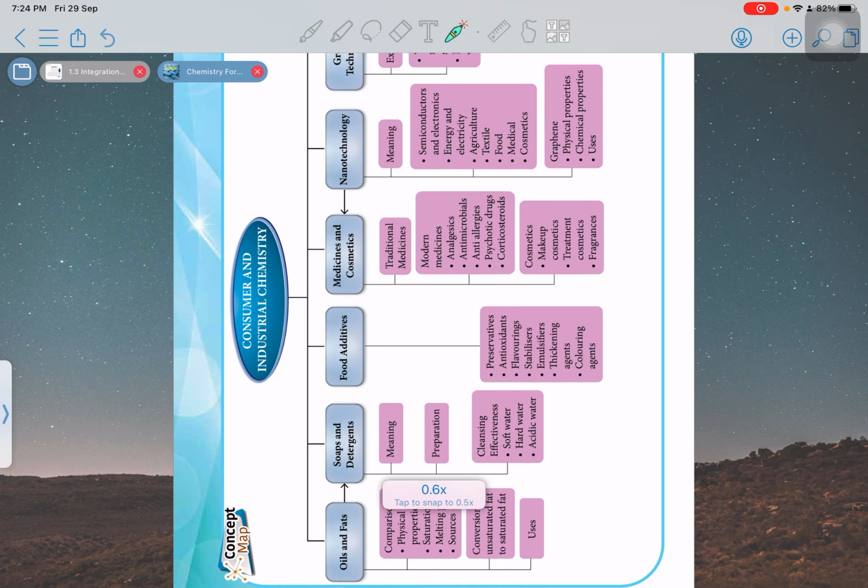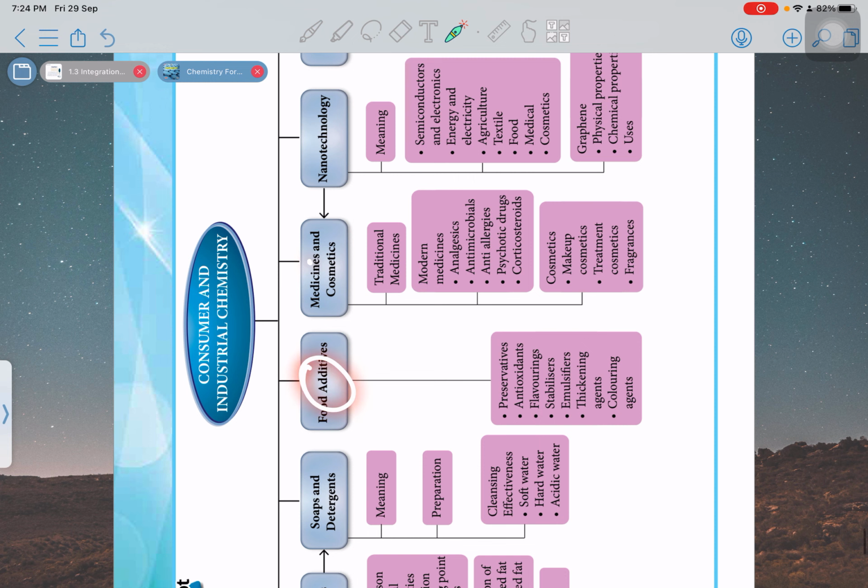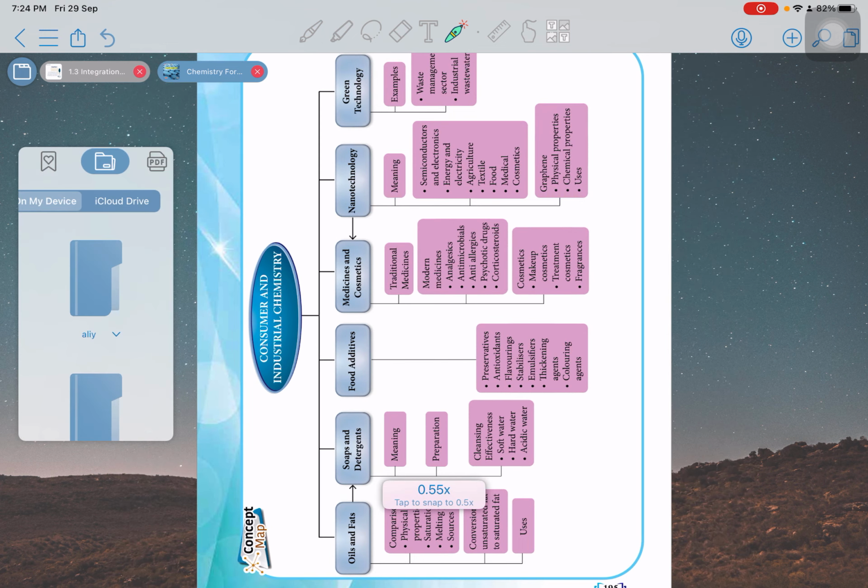Then soaps and detergent, apa lagi, medicine, food additive. So I cannot say to you guys what will come out, because I'm not a teacher, I'm still a student. So just focus in class on what your teacher told you, what your teacher emphasizes, what your teacher focuses on during the class. Maybe it's a clue that it will come out during SPM or during this trial.